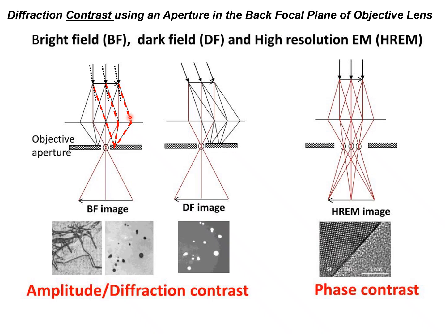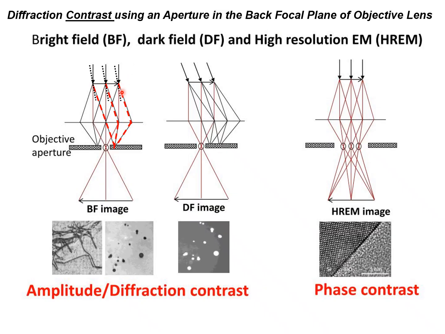So if you've got any parts of the material which are strongly diffracting, where the intensity is being deflected along these red lines, it's blocked by the aperture, and that shows up as a dark part of the image. We're throwing away the intensity, so everywhere else is light except where we're getting diffraction.